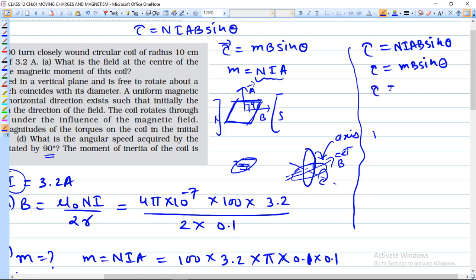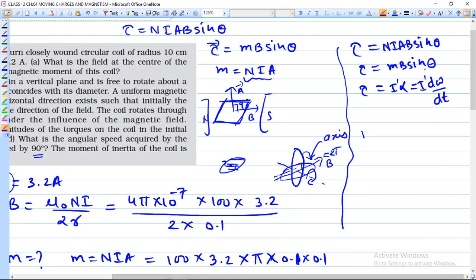And we know torque is equal to moment of inertia into alpha, from Newton's second law. Alpha is angular acceleration, so alpha is equal to d omega by dt. So here we can write I dash d omega by dt is equal to MB sin theta.